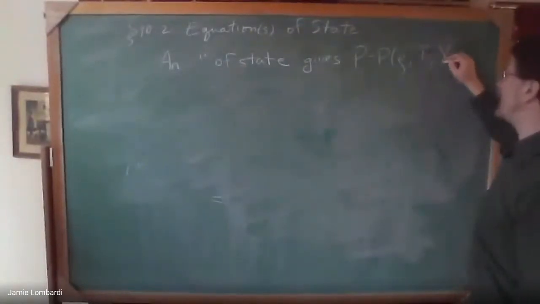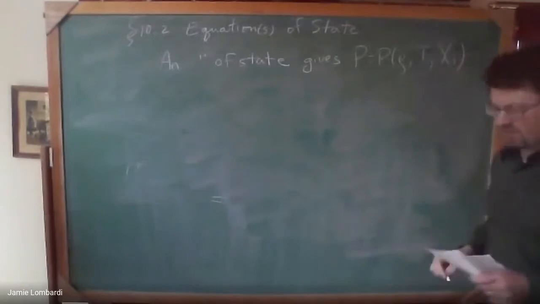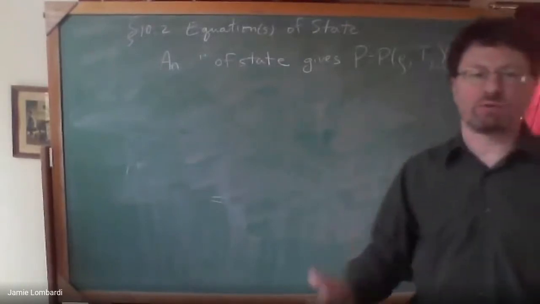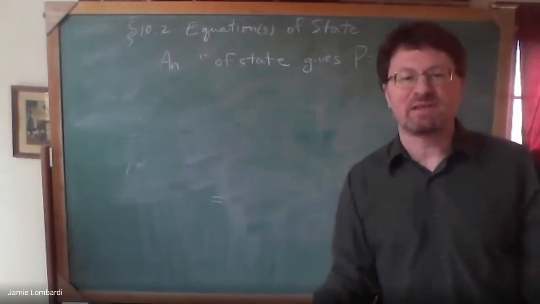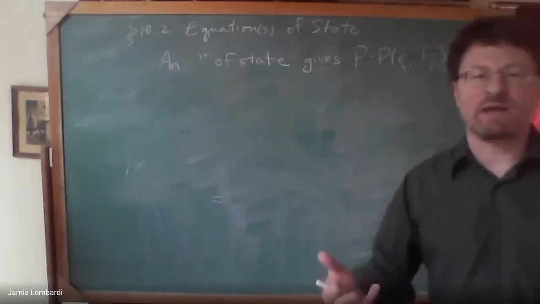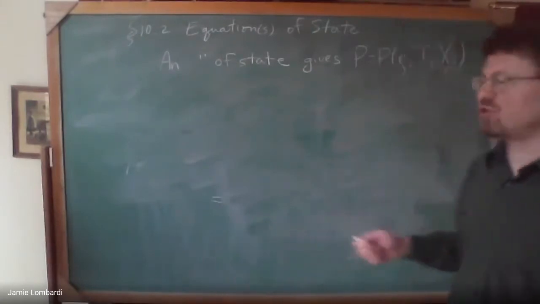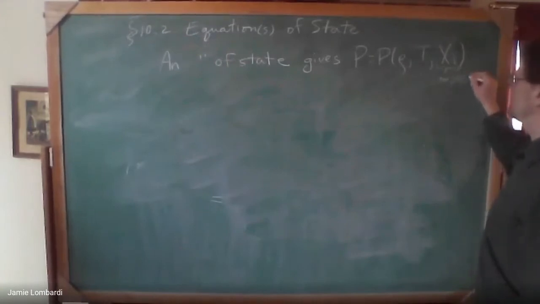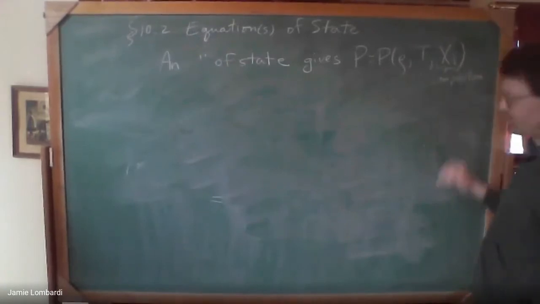And I'll write this as x sub i. You think about that i as being an index. It could be the numbers 1, 2, 3, up to however many species of material you're taking account of. Maybe x sub 1 is the abundance of hydrogen, x sub 2 is the abundance of helium, x sub 3 is the abundance of lithium, et cetera.